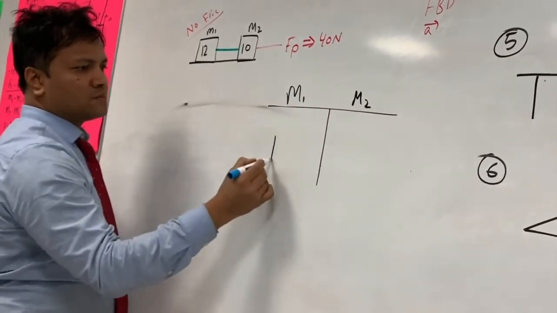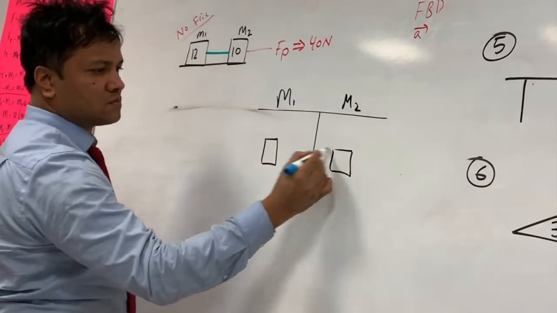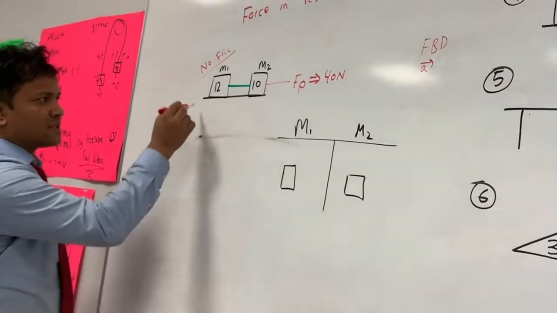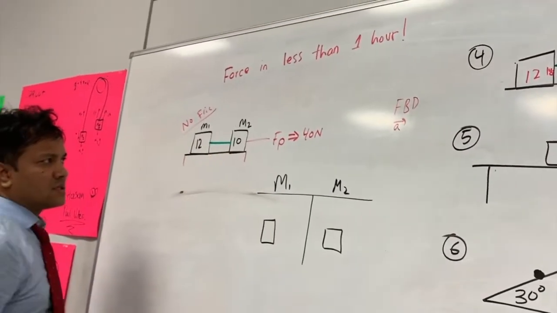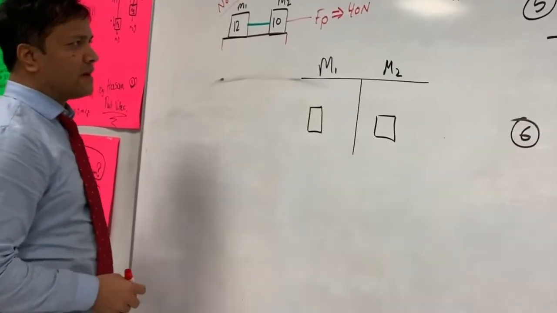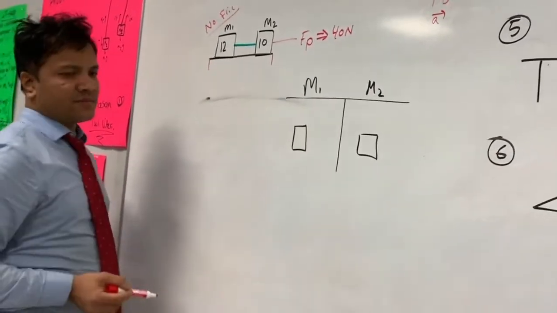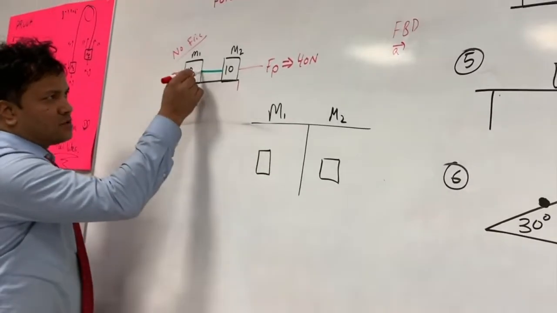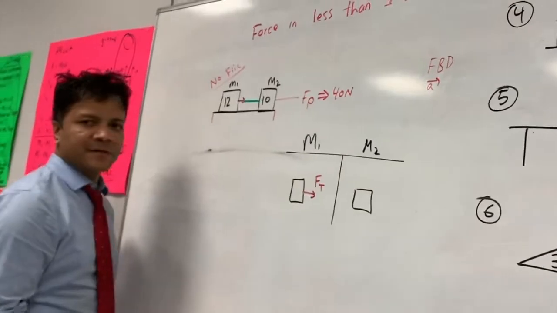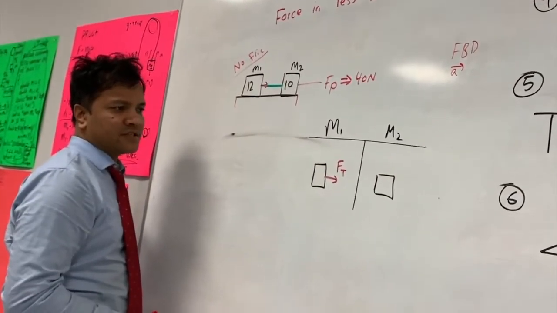Now mass 1 and 2 both are sitting on the table, as you see. So in the y direction forces cancel out, so we're not going to write them. In the x direction something is going on. I do have Ft over here, so I'm going to write Ft. That's the only force acting in the x direction.